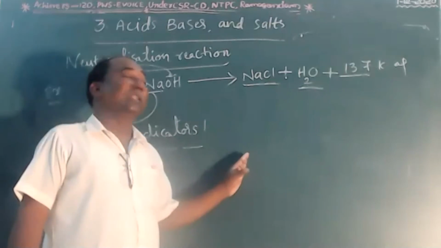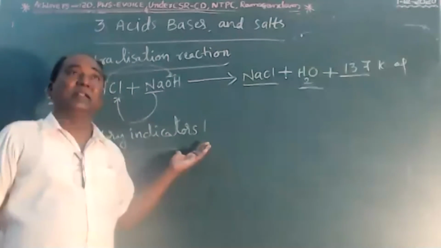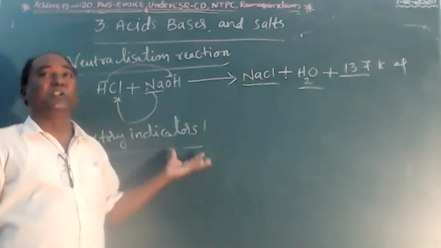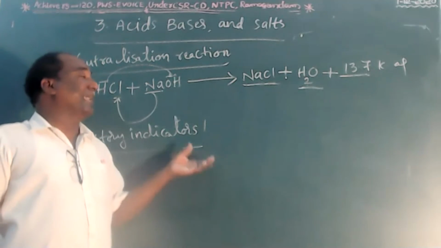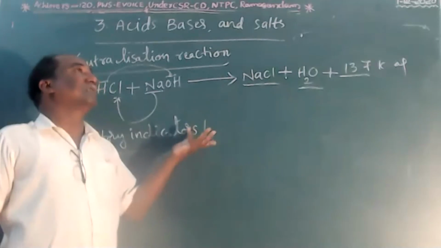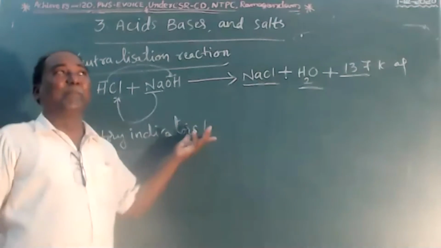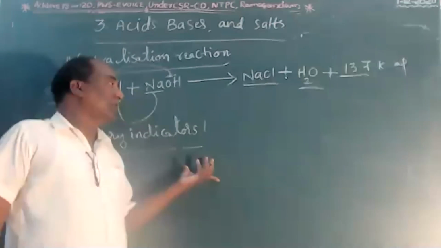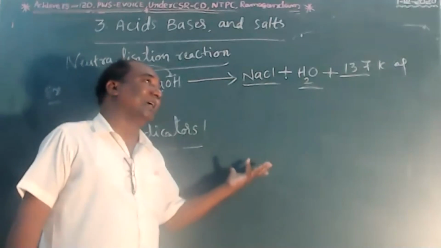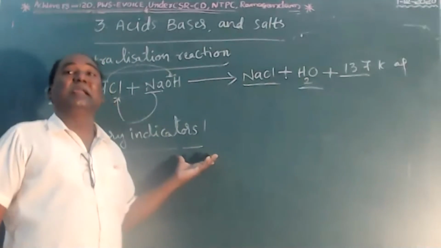Neutral means the pH value is 7, and it is a solution of completely salts only.